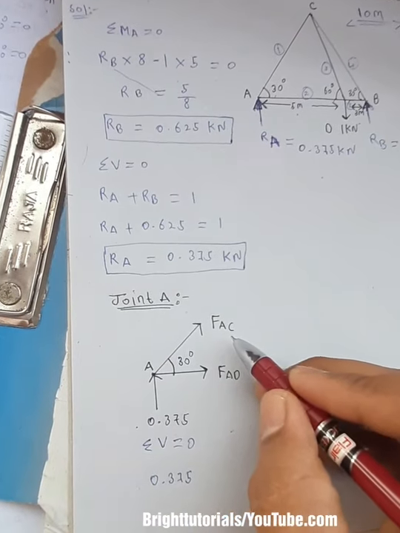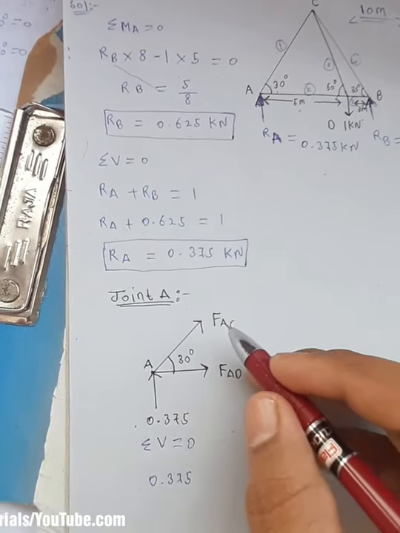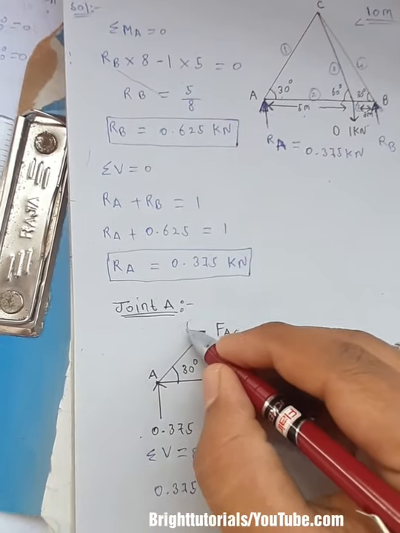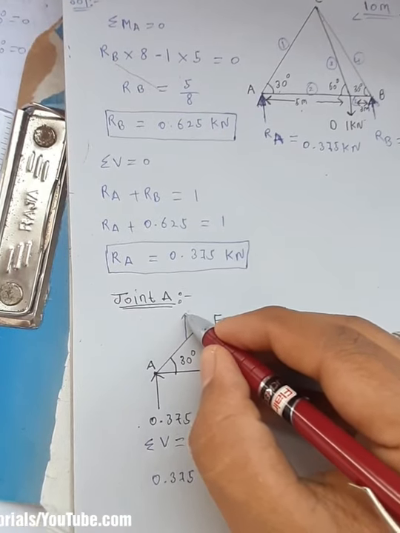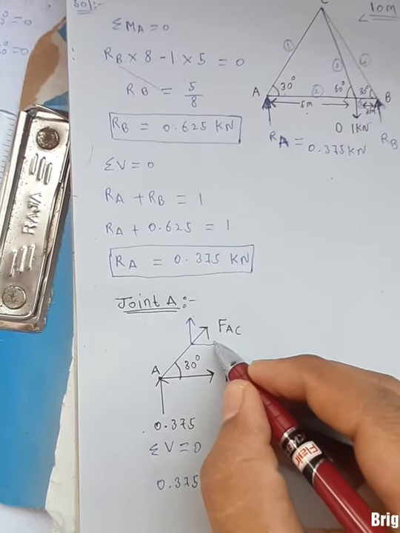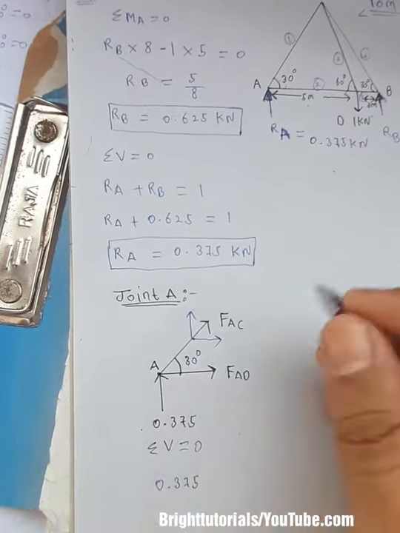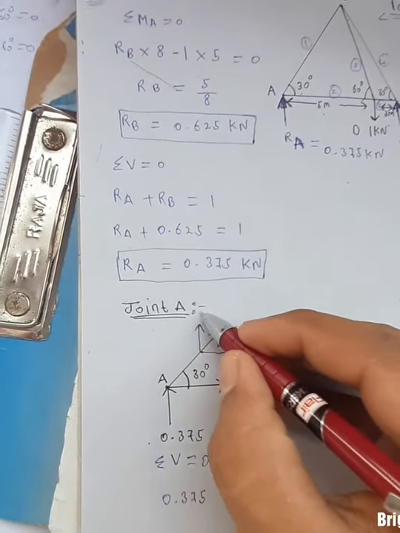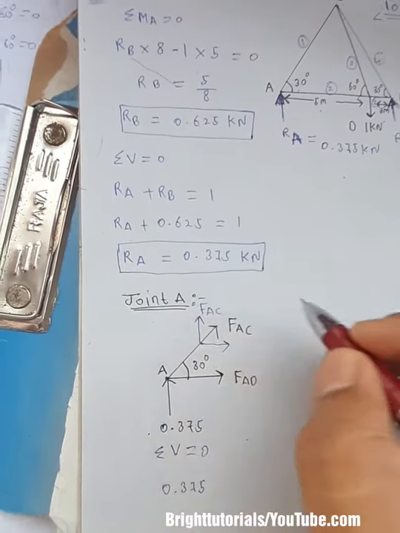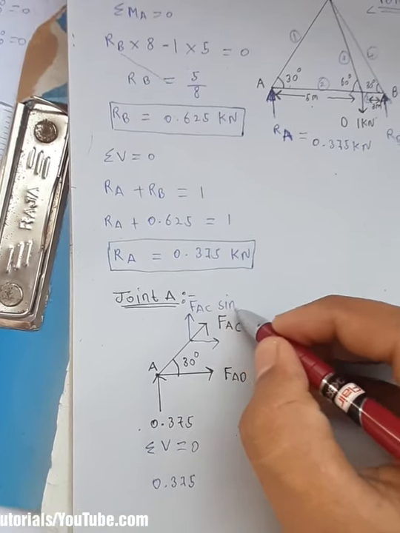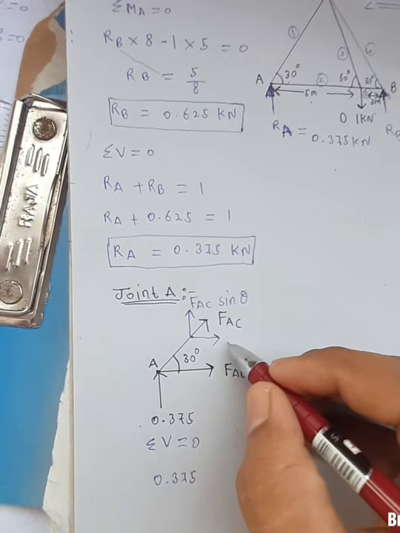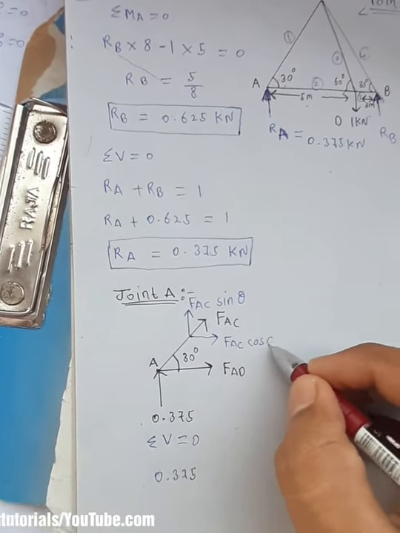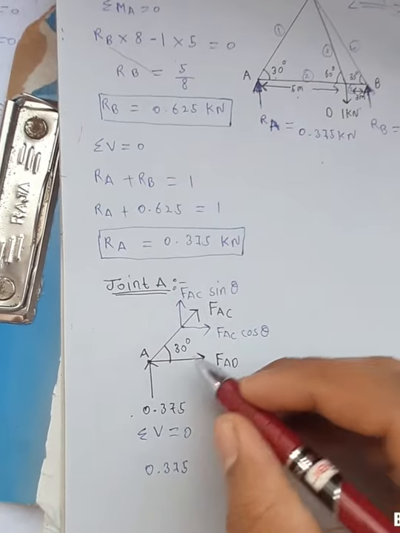Then FAC is an inclined force, so we have to resolve it into two components. The vertical component is FAC sine theta, and the horizontal component is FAC cos theta. Here theta is 30 degrees.